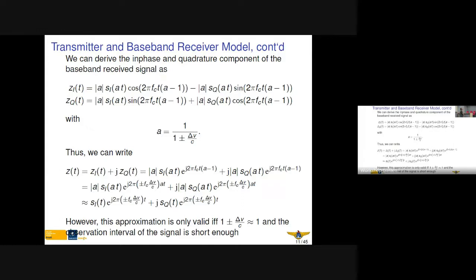And we can see we have here the Doppler effect, this dilatation effect, in the carrier signals and also in the baseband signals.